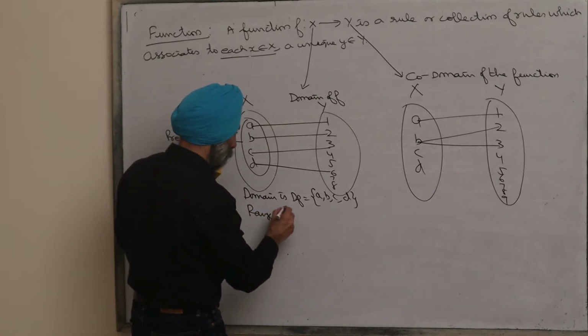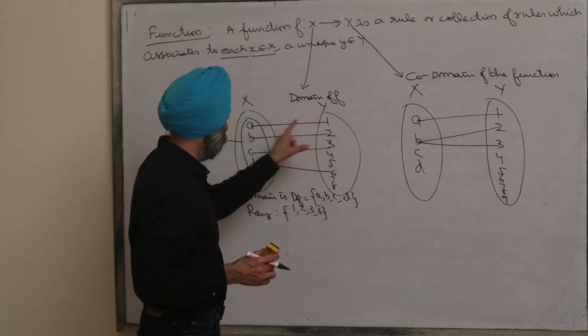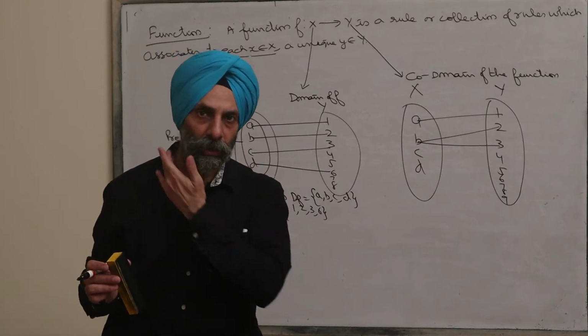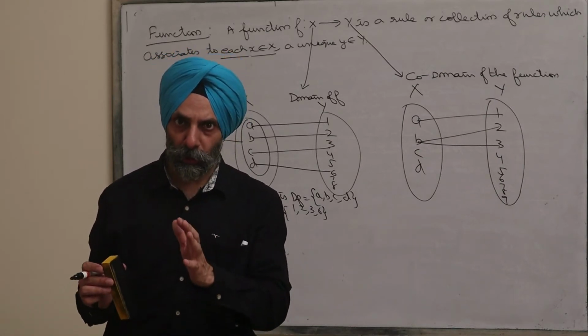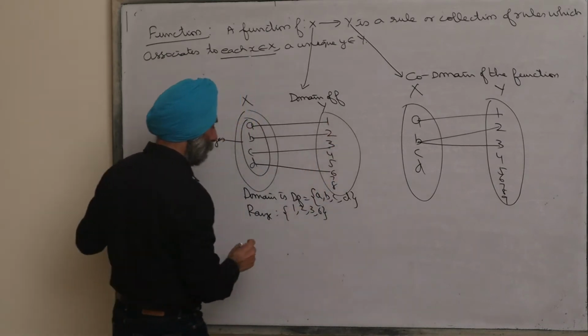What is the range? Range is 1, 2, 3, 6. So the images corresponding to the pre-images form the range. So 1, 2, 3, 6 is the range.